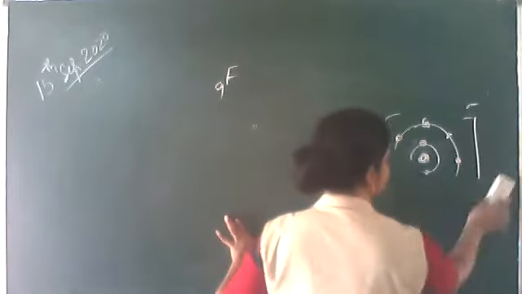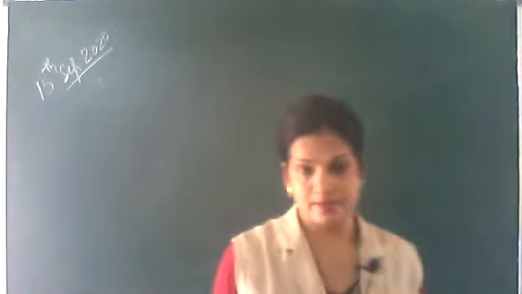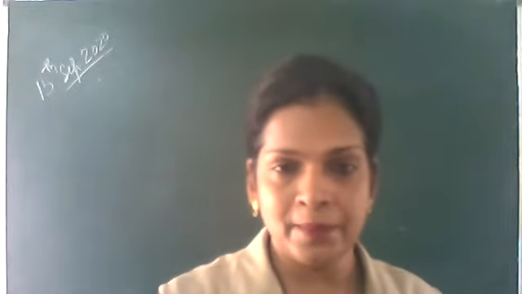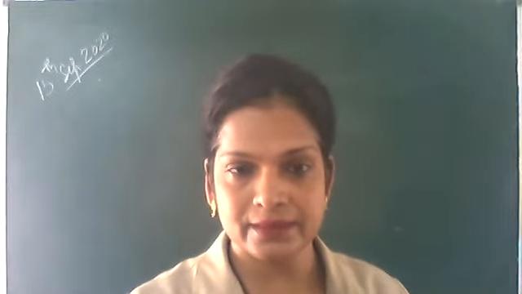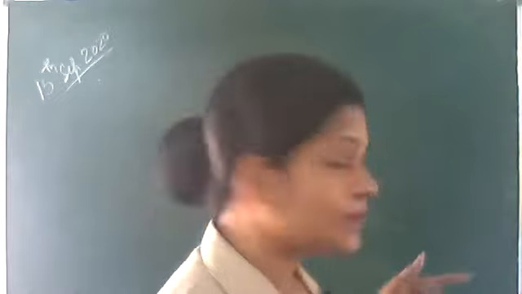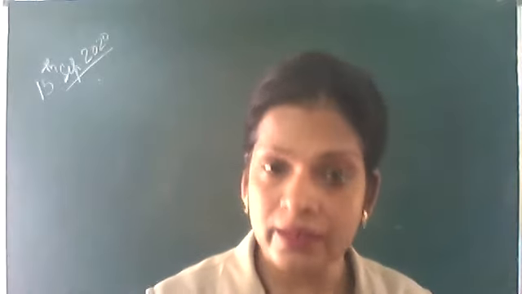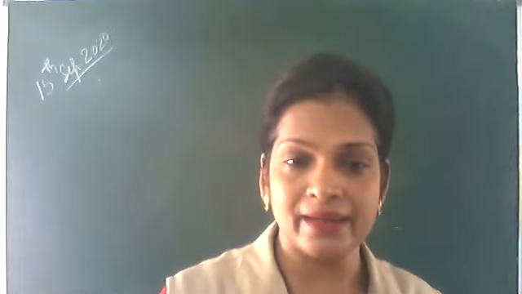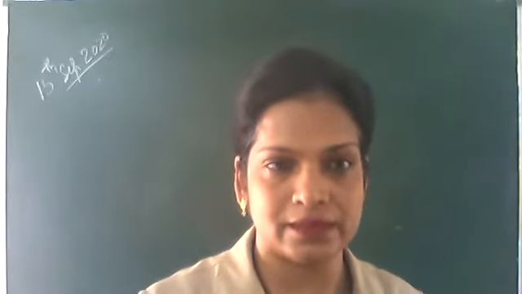But these cations and anions that I'm going to show have the same number of electrons. See, Na plus has got 10 electrons. F minus also has 10 electrons. That means one is a cation, one is an anion, but they have the same number of electrons.